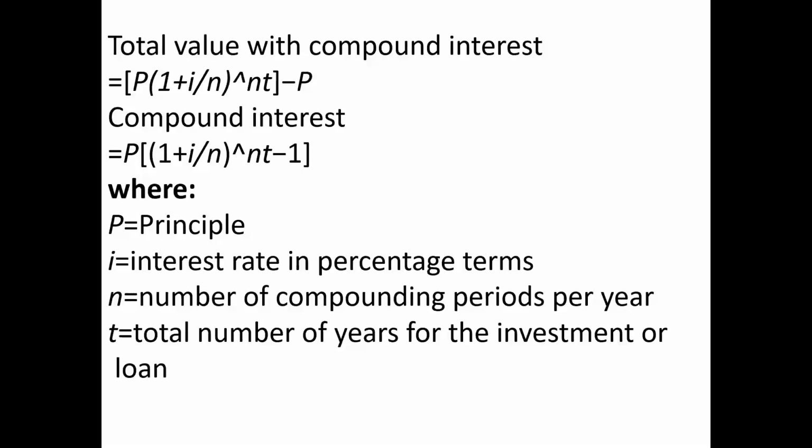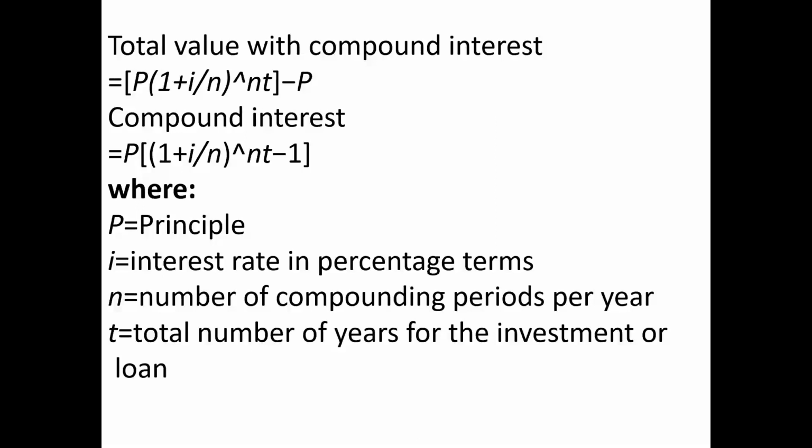Take this nt as an exponent, that is power. So the formula will be P of 1 plus I by n to the power nt minus P. That is compound interest. And if we take the principal amount as 1, then the compound interest will become P of 1 plus I by n whole thing to the power nt minus 1.